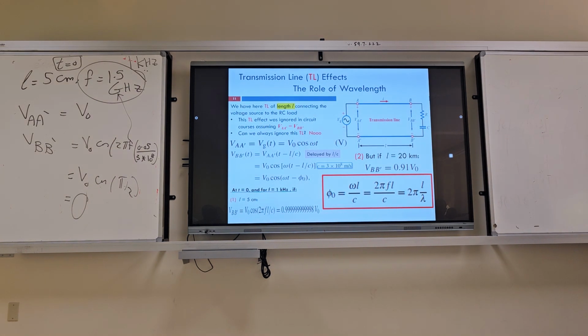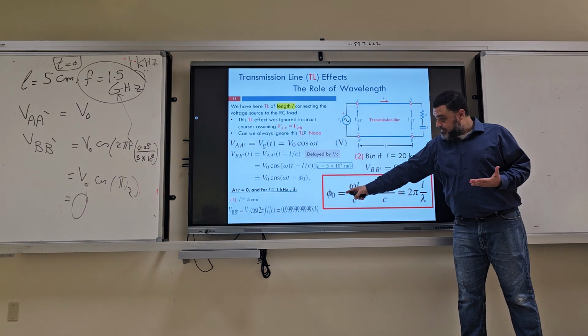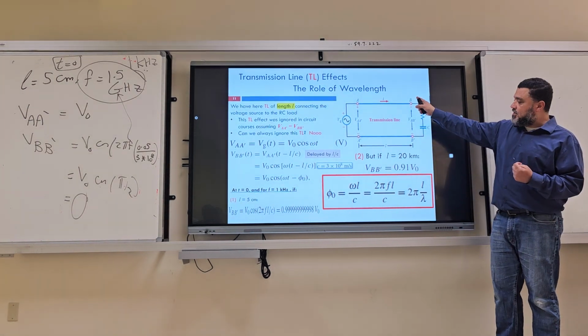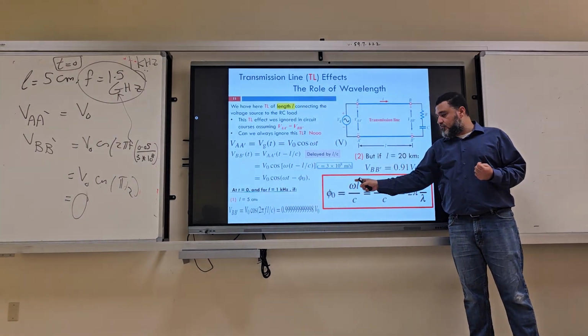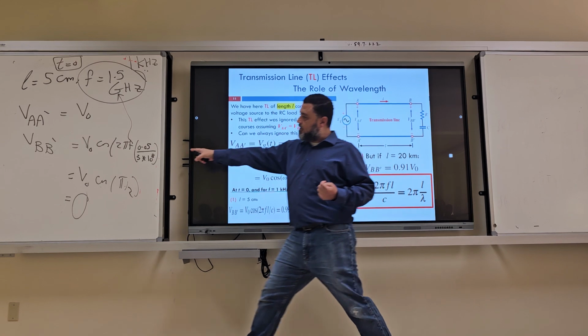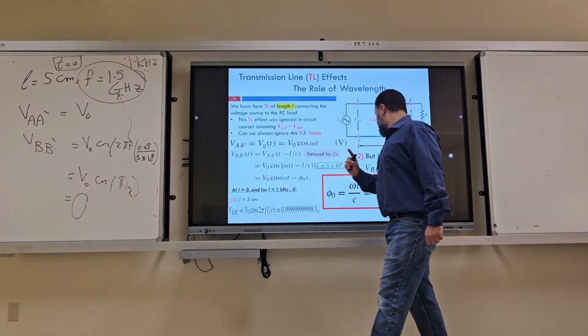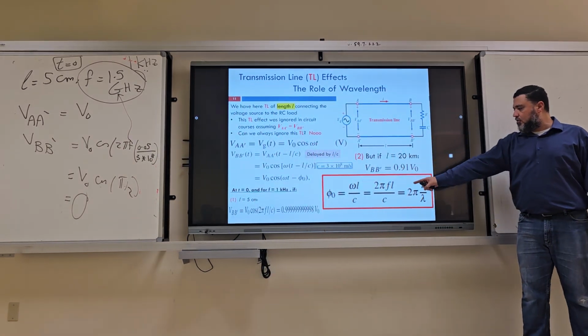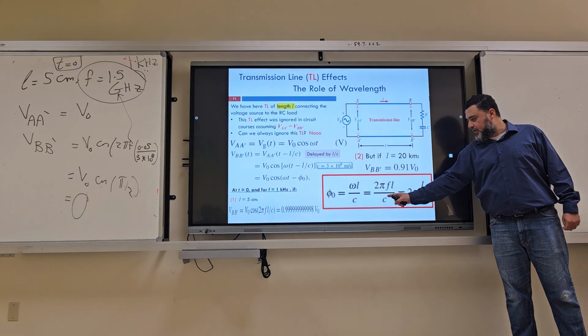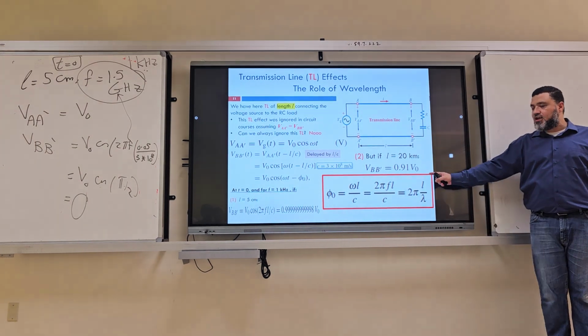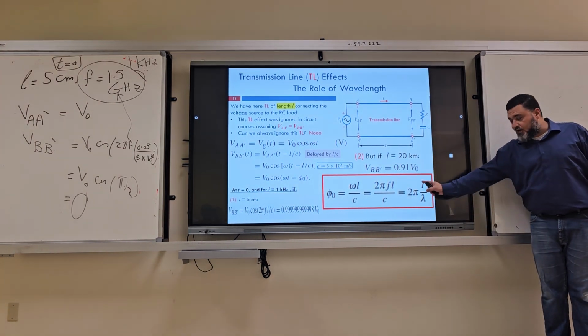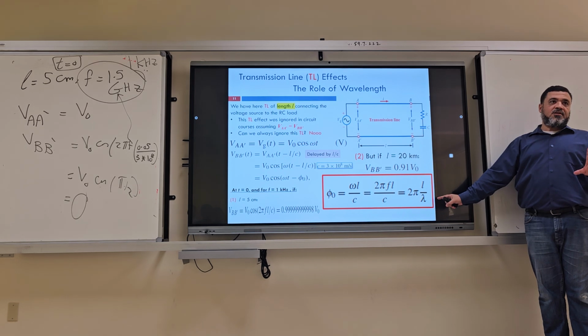The main parameter here is the phase created by the length of the transmission line, and this phase is omega L over C. At the end, omega is 2 pi F, C is lambda F, so it will be 2 pi L over lambda. So the ratio L over lambda is the main parameter.